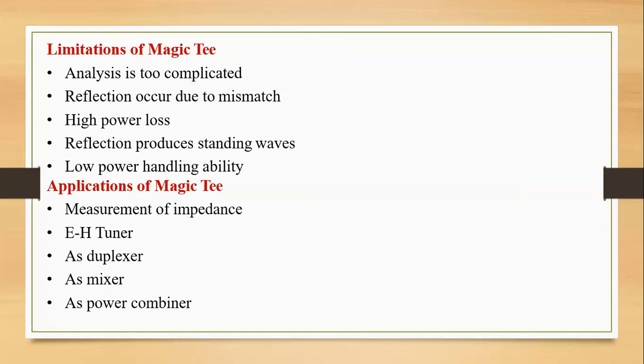And you know that reflections will occur if you have a mismatch in the ports. If you have that reflection, the power loss will be more. Because of the reflection, standing waves come, which means you will have maximum voltage and minimum voltage variations. And since the power loss is high, the power handling ability will be difficult. So the power handling ability will be less in case of Magic T.